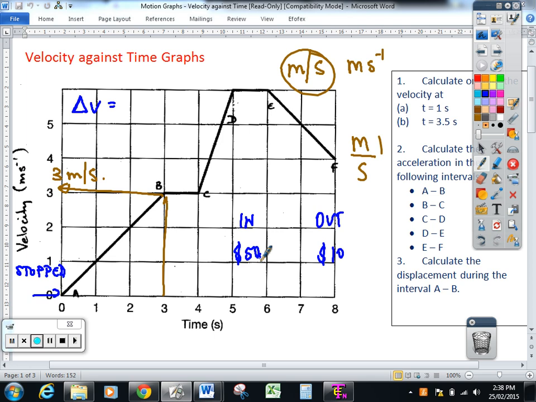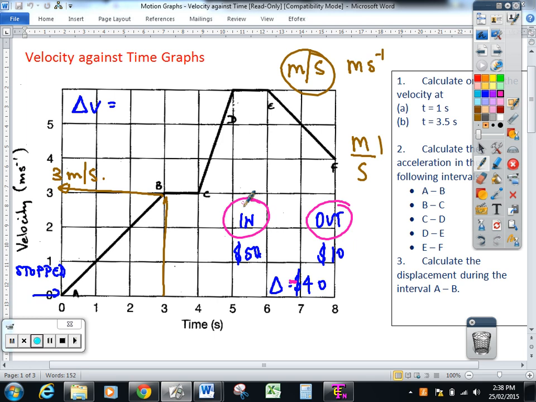Your change equals $40, isn't it? But in reality, you haven't gained $40. You've lost $40. So what would be a nice way of representing that mathematically? That's a loss of $40. A negative, good. So how do I get a minus out of all this? It's final minus initial.